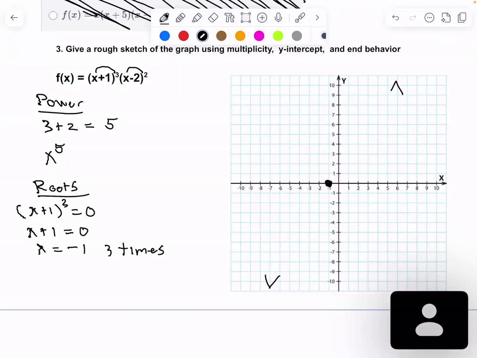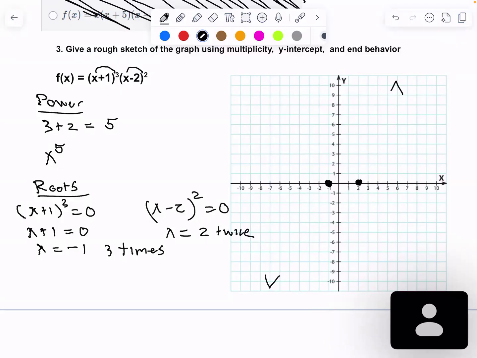Now, the second one is x minus 2 squared. And we can use the same logic as the last one to say that this would be x equals positive 2 twice. Right? Which is right here. But we know that since it occurs more than once, an even amount, right? So 2, 4, 6, this one occurs twice.